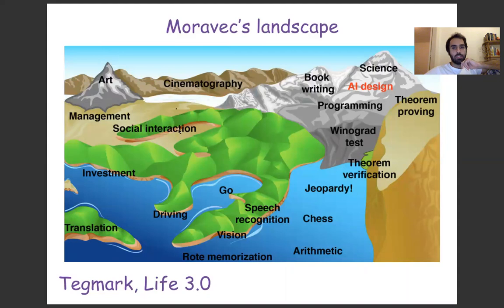And we're getting to the point really where as the sea level rises, this is Moravec's analogy, computers start to get better and better. And I mean, we feel pretty safe here on the science and art and cinematography and book writing part, but this may not be the case soon enough. Okay? And with quantum computing, the sea levels may rise even faster.